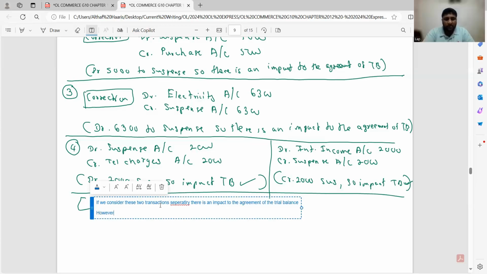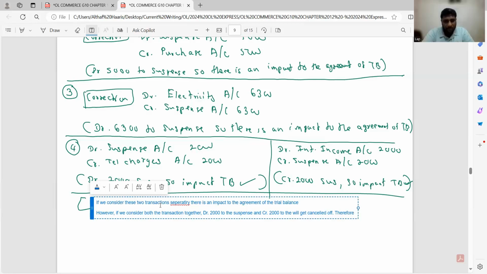However, if we consider both the transactions together, debit 2,000 to the suspense and credit 2,000 to the suspense will get cancelled off.